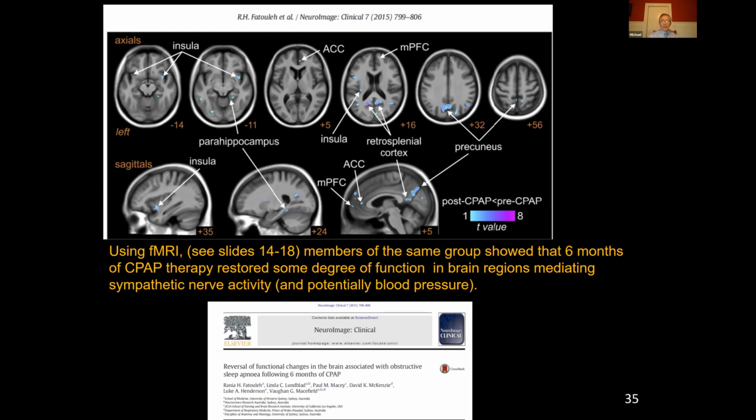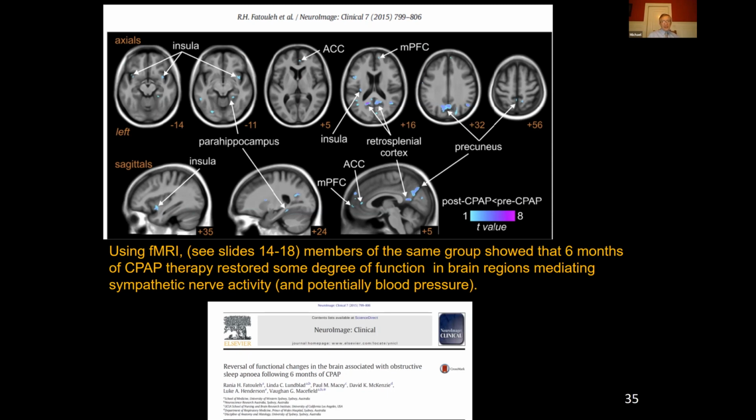Now the group used the fMRI technique, and remember there's a lot of contrast adjustments with fMRI, which is why we need to do a large number of people to look at the reproducibility of the data. But the group originally took sleep apneics, looked at fMRI across their brain, then instituted CPAP therapy to say, okay, what changes in fMRI signal may occur following 6 months of CPAP therapy?